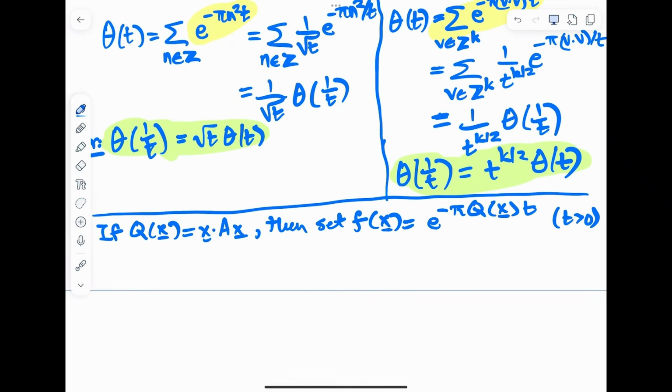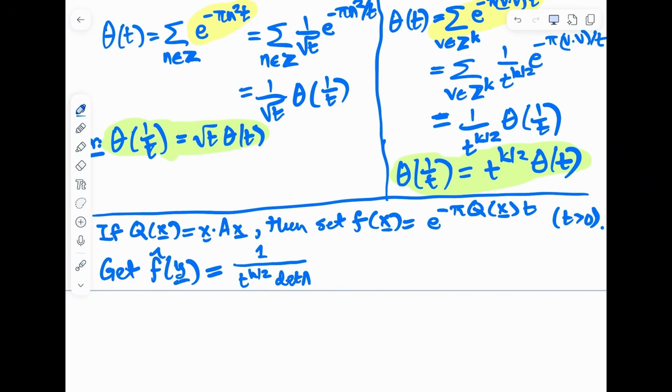Then the Fourier transform turns out to be 1 over t to the k halves, times a factor of the square root of the determinant of that matrix, and then e to the minus pi times another quadratic form, Q star of y, times 1 over t.